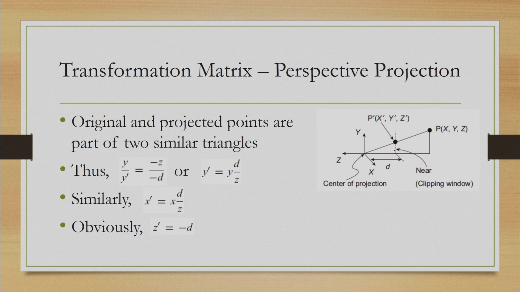we can see that they are part of 2 similar triangles, and from these triangles we can form some relationships, like between the y coordinates and between the x coordinates in terms of d, that is the distance of the view plane or the near plane from the origin, and the original z coordinate value.